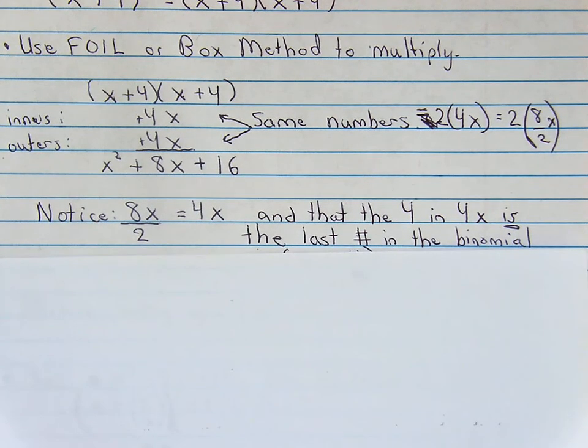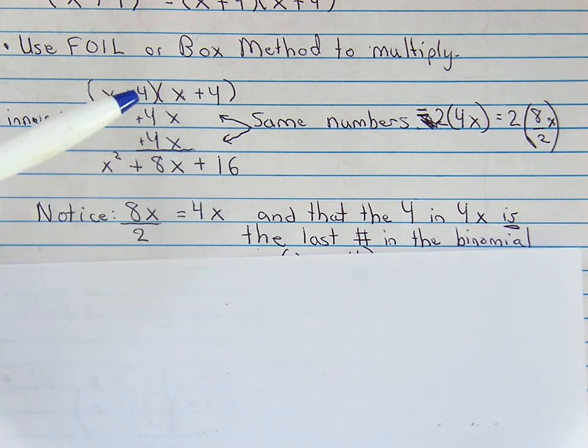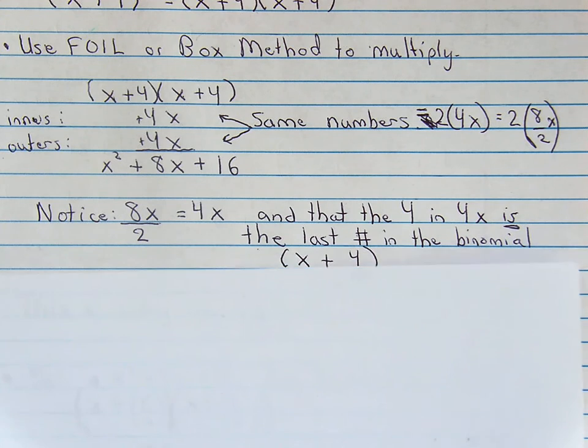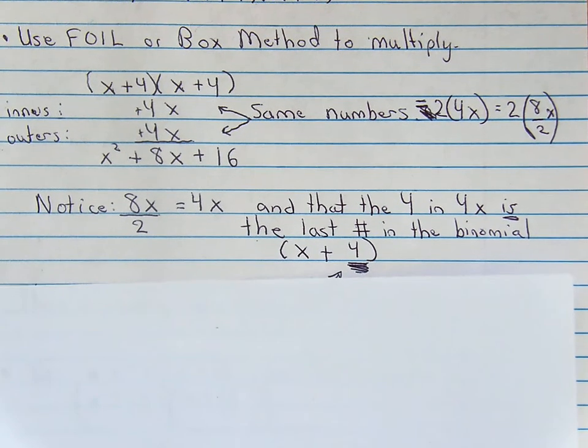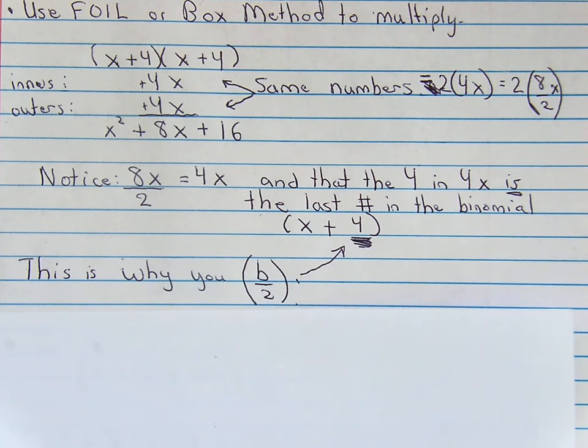And so if you notice, the 8x divided by 2 gives me 4x. The 4 is in fact this last number in my binomial. So it is that number there. So what that means is you can rewrite this number here as b divided by 2.